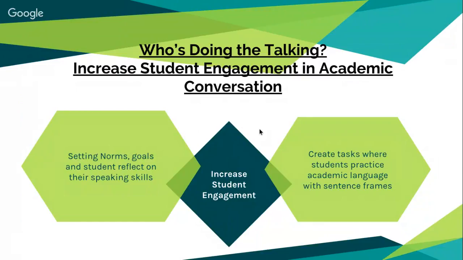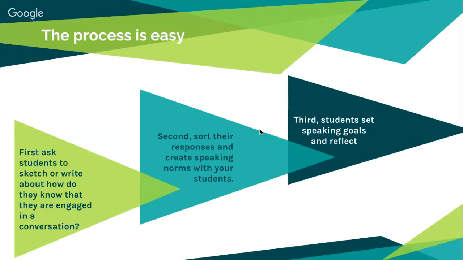Now, here I'm recapping. It's an easy process, and it's fun to see what your students come up with. First, ask them, how do you know that you're engaged in a conversation? How do you know they're listening? Have them sketch or write.